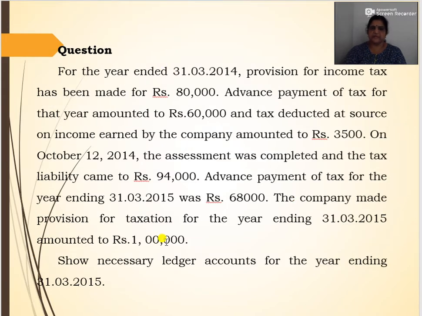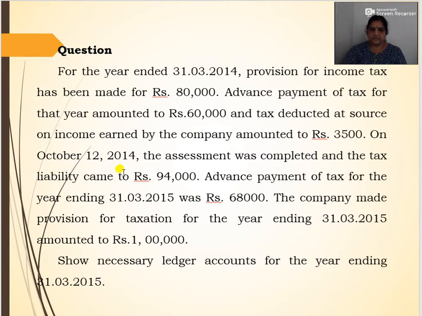So this is the question. For the year ended 31st March 2014, provision for income tax has been made for rupees 80,000. Advance payment of tax for that year amounted to rupees 60,000 and tax deducted at source on income earned by the company amounted to rupees 3,500.